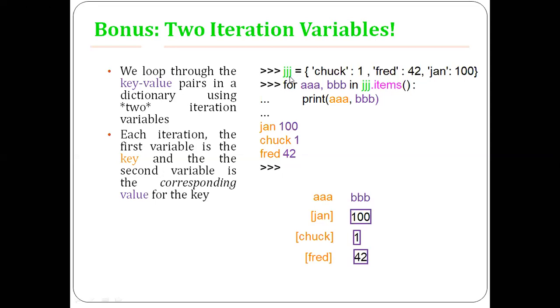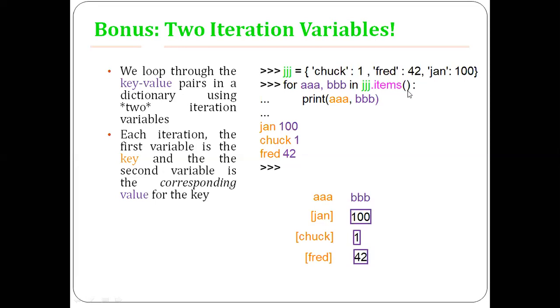We have a dictionary jjj, which is equal to Chuck 1, Fred 42, and Jan 100. I'm reading both the key as well as the value. Here the first iteration variable, aaa, corresponds to the key, and bbb corresponds to the value of that key. So we are using the function.